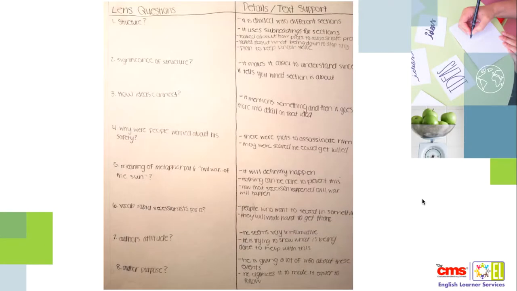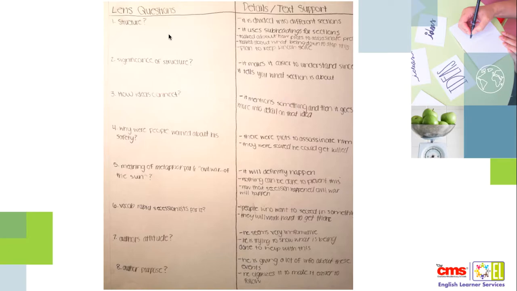So again, our journey, our very first year of implementation of the white paper annotation, and you have a copy of this in your participant packet. It basically looked like a T-chart, a double entry journal, a Cornell note format, whatever you call it.